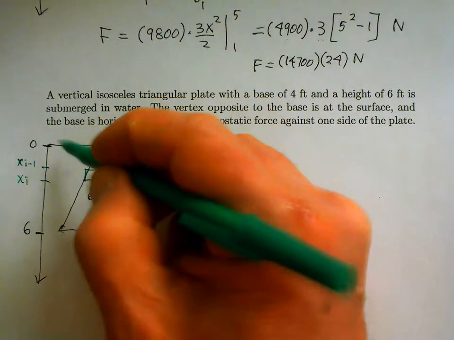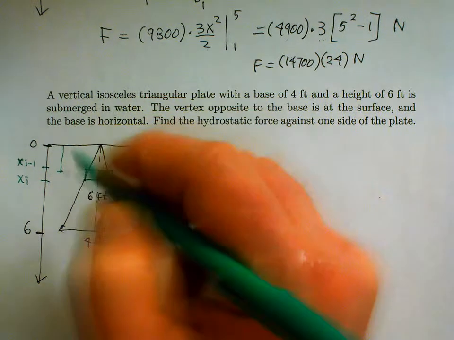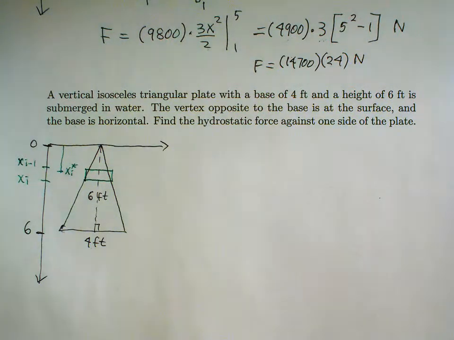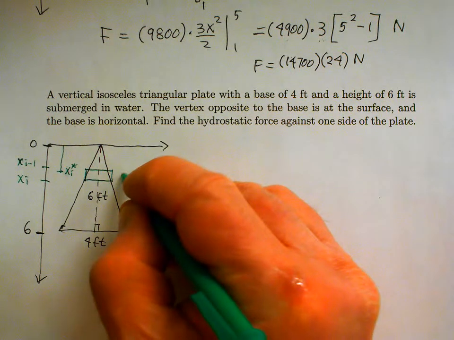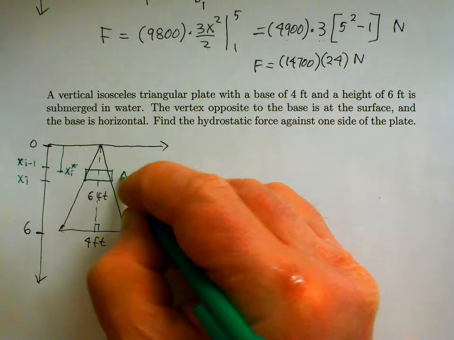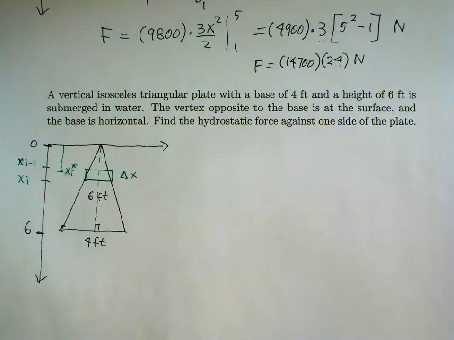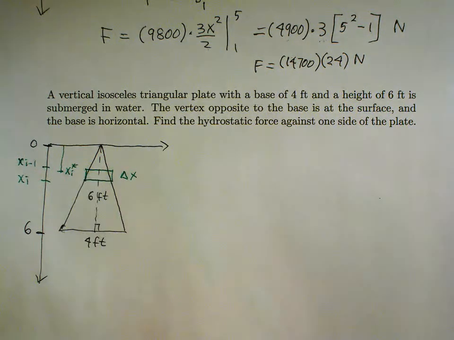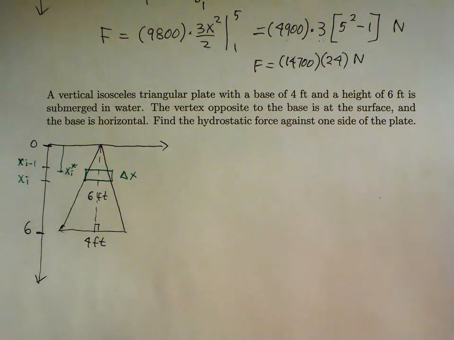And so the depth will be x sub i star. The vertical side of that rectangle is delta x. And we just have to come up with an expression for the length of the horizontal side of that rectangle. Okay, so once we have that, then it's not too hard to set up the definite integral.